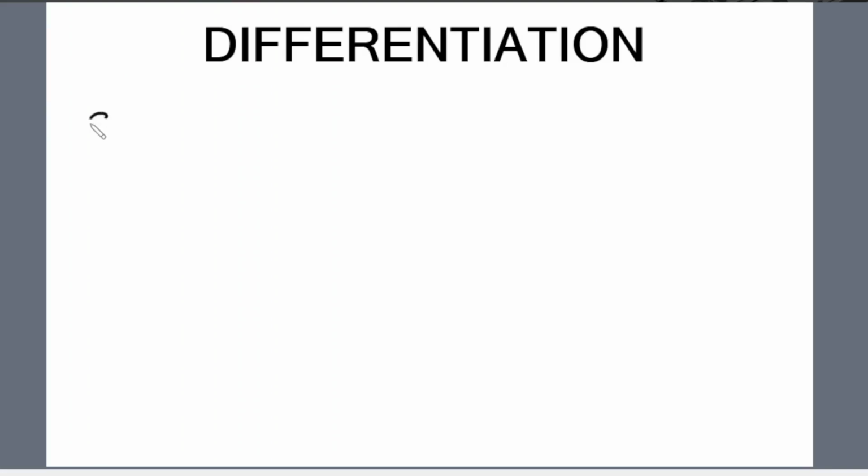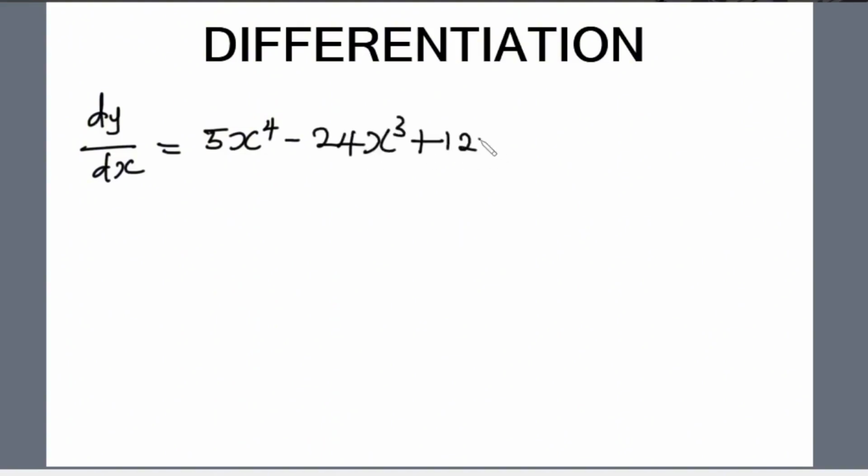So, we have dy all over dx equals 5x raised to the power 4 minus 24x raised to the power 3 plus 12x raised to the power 2 minus 2 open bracket 1 plus 0. So this one is the x that is raised to the power 0. Remember, I told you that anything raised to the power 0 is 1 according to the zeroth law of indices.